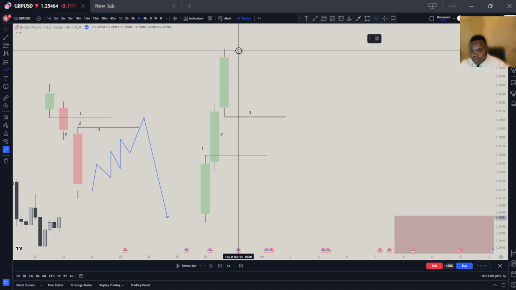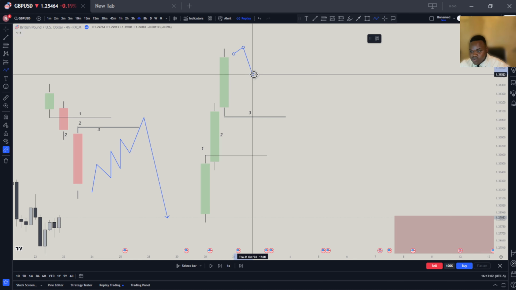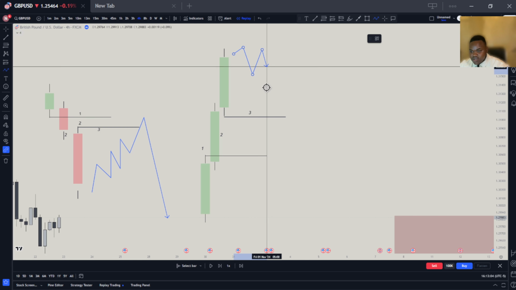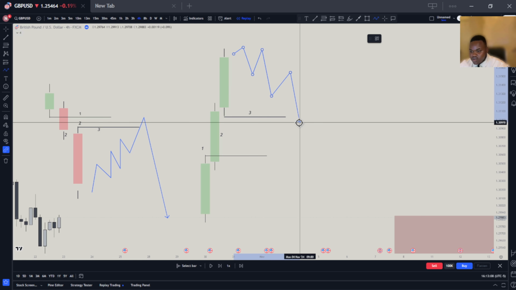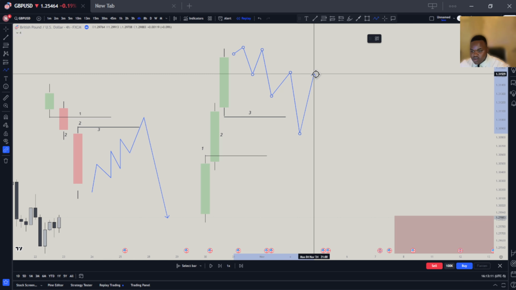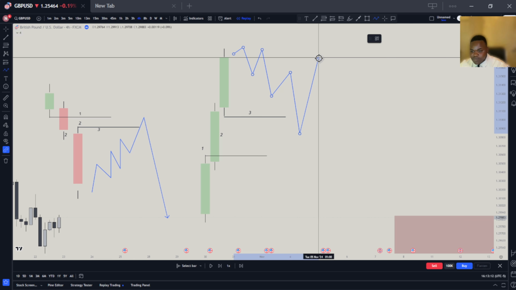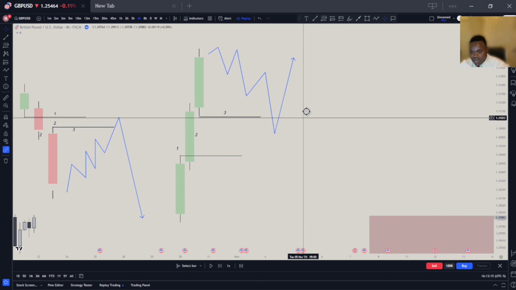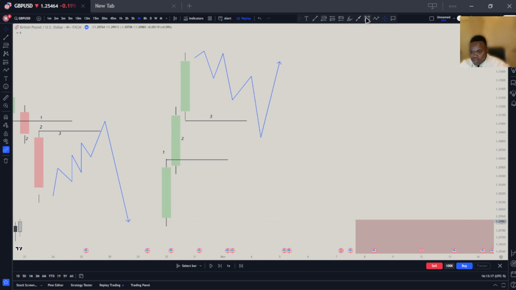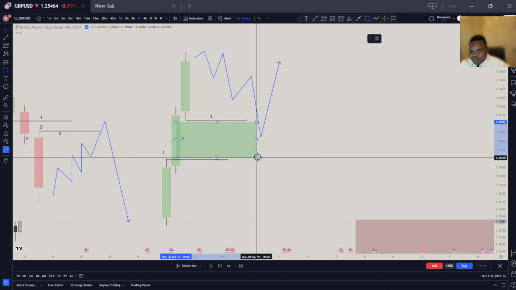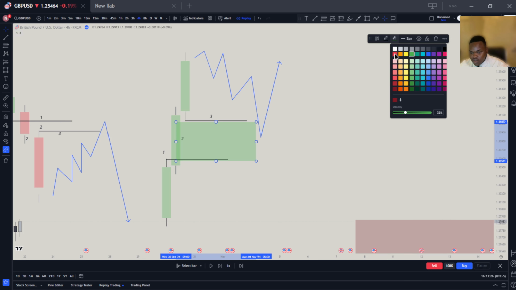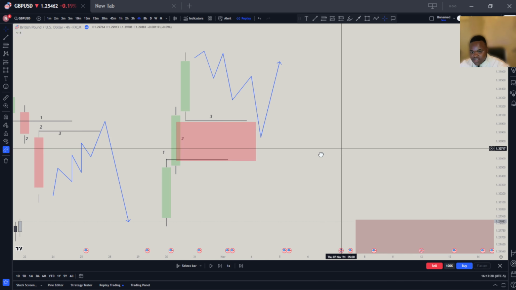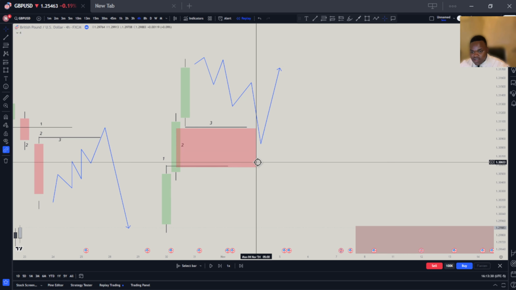One thing you need to take note of is that sometimes price might come back down, fill part of the imbalance, and you see price start reversing. It doesn't mean that this imbalance has been filled.